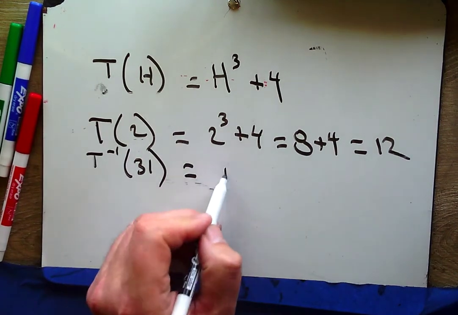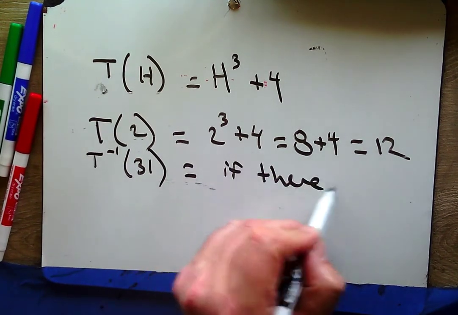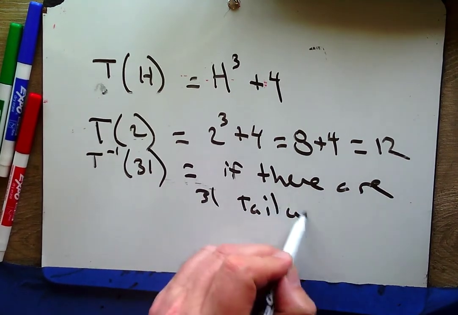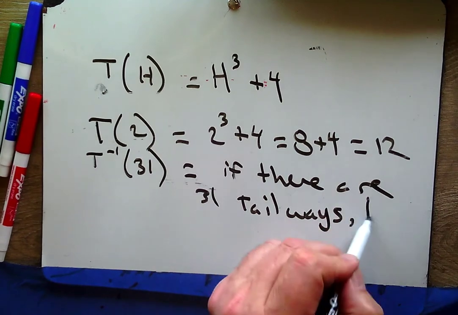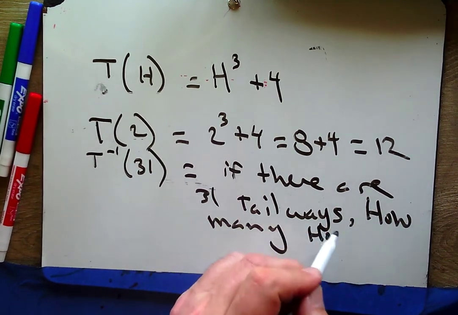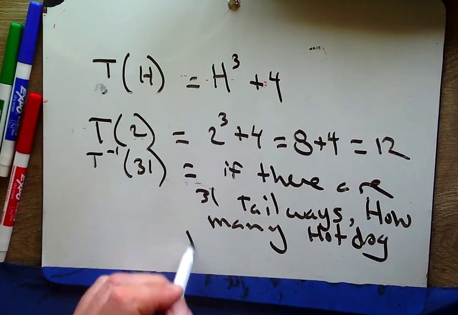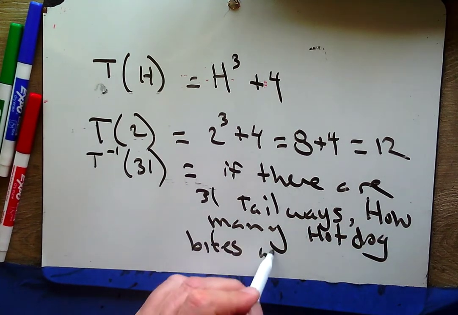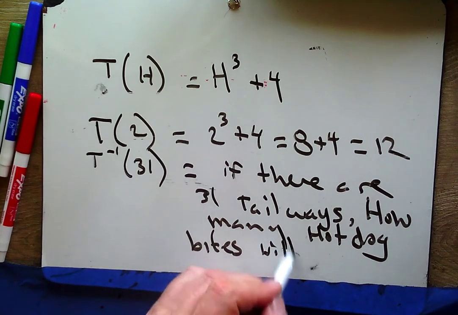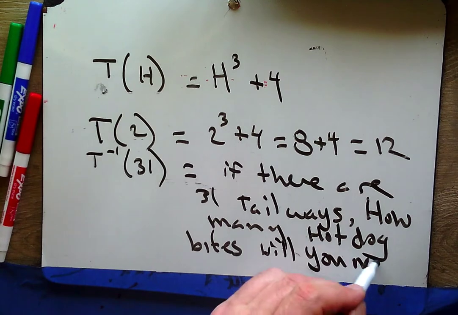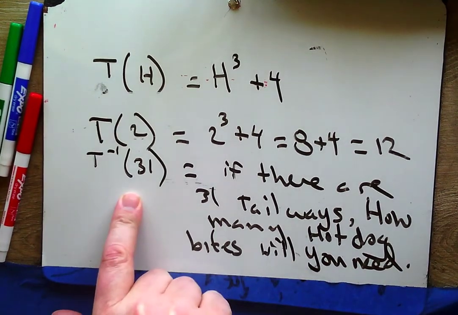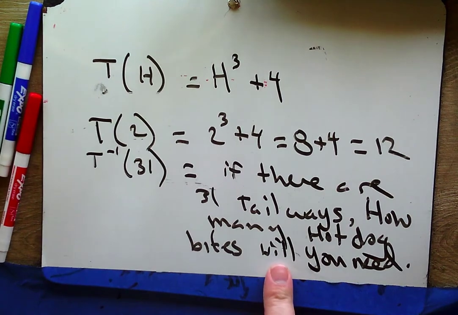This says if there are 31 tail wags, how many hot dog bites will you need? Okay. The input is tail wags. The output is hot dog bites.